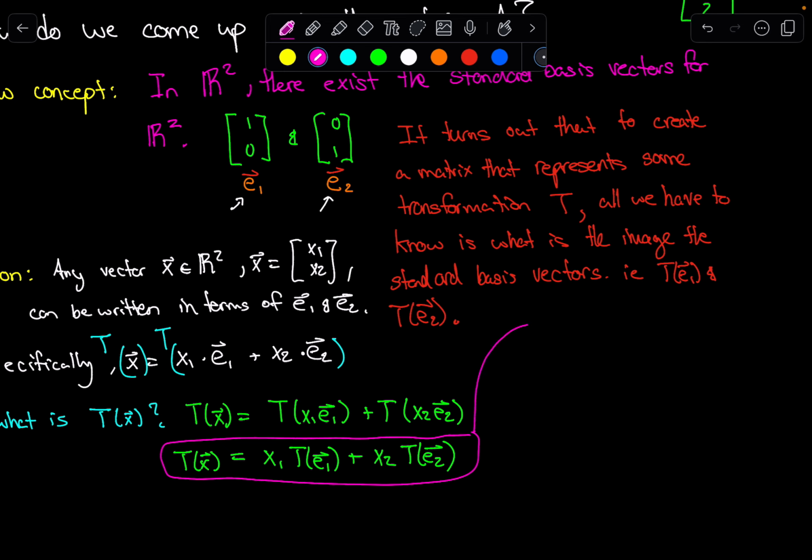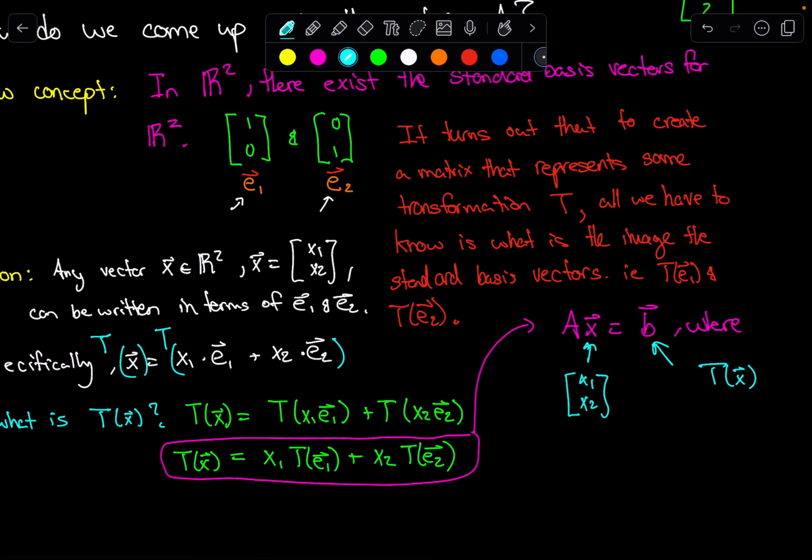This is a vector equation that we can very quickly turn into a matrix equation, specifically the matrix equation AX equals B. Our B vector is T of X. Our X vector is the vector consisting of x1 and x2.